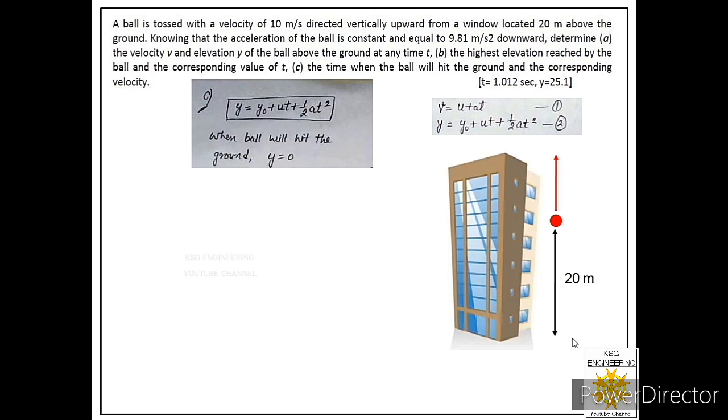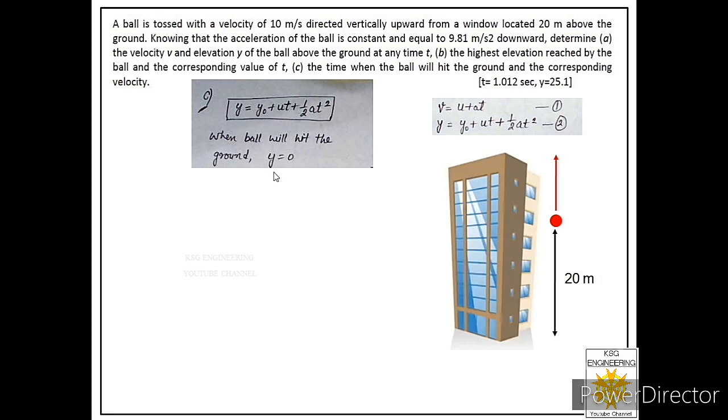It means when the ball will hit the ground, the distance of the ball from the ground will be 0. Over here in this equation we have considered y as the distance of the ball from the ground. So when the ball will hit the ground, it means y will become 0. So this logic we will apply.